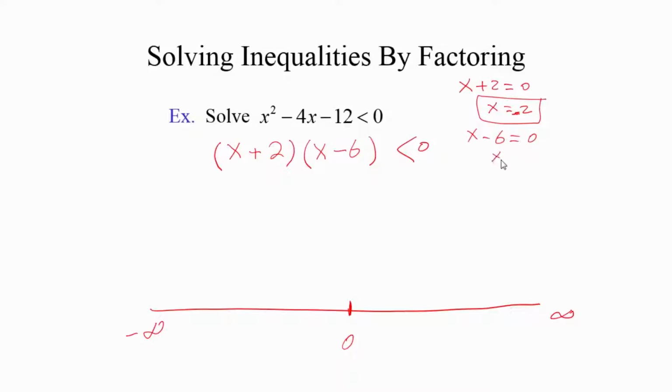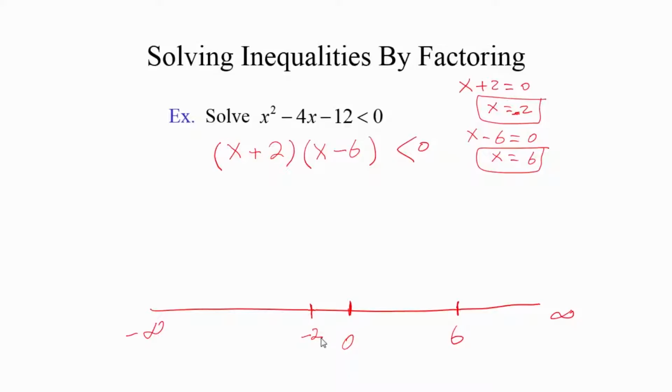That means x is equal to 6. These are my two critical points I have to identify on this number line, right? If this is 0, then 6 is somewhere here to the right, a positive 6, and negative 2 would be here.